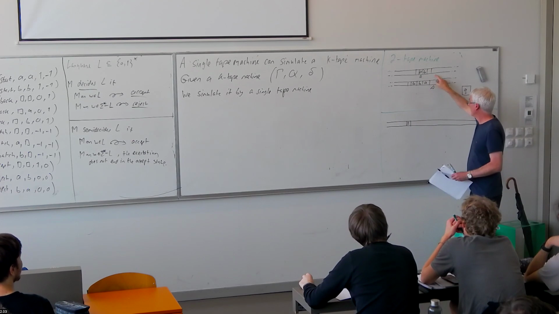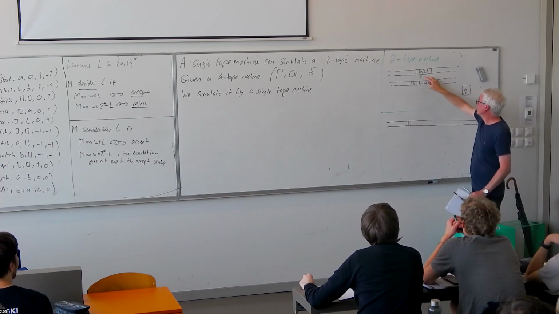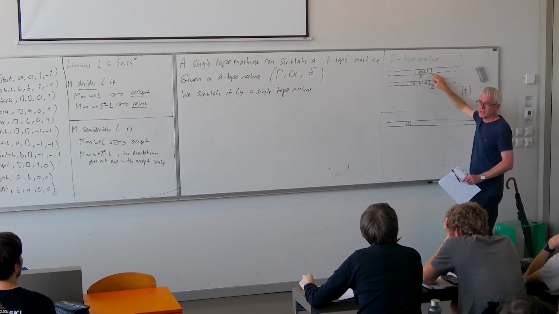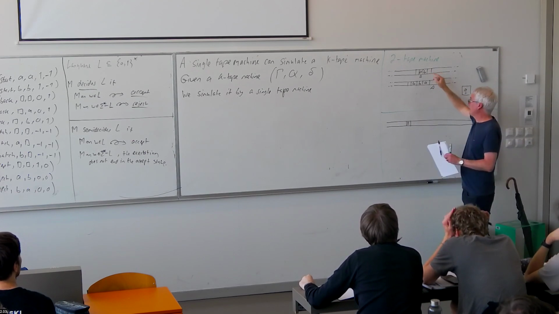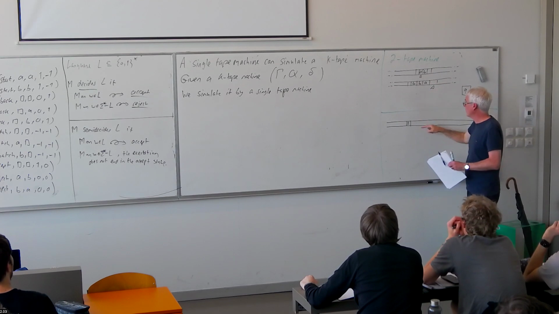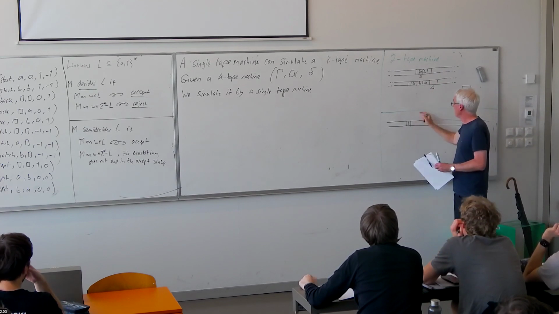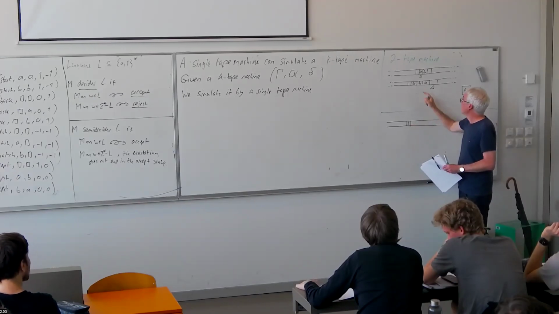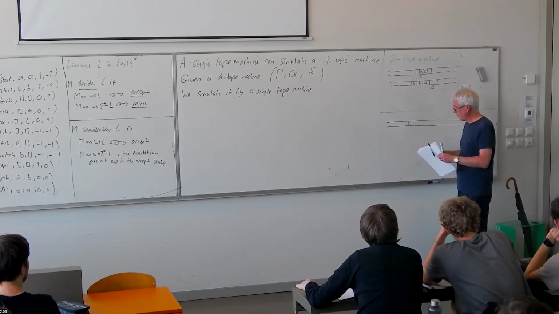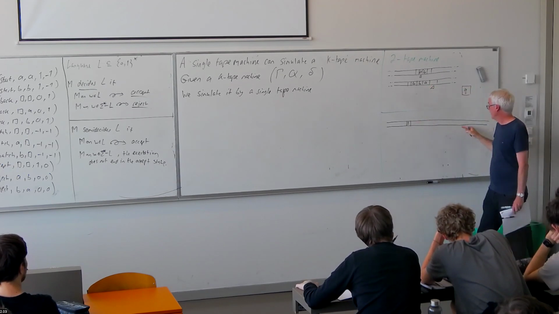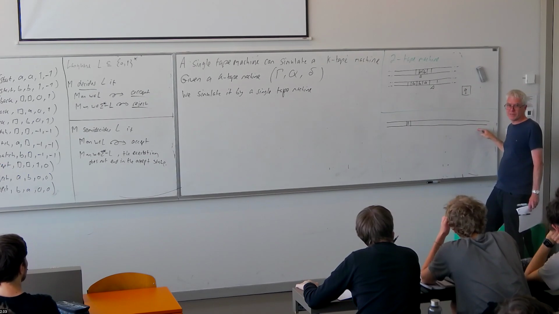Remember this tape is non-blank only on a finite portion, and blank everywhere else. You then take the non-blank portion here and write it here. So this is going to be the first tape. But we also need a symbol for the tape head to say where the tape head of this tape is, because on the single tape machine, we're only going to have one tape head.